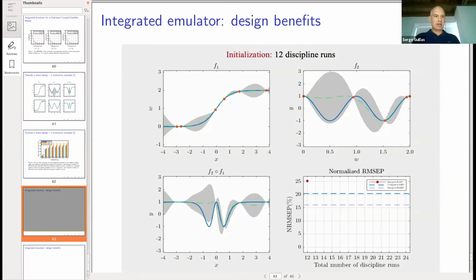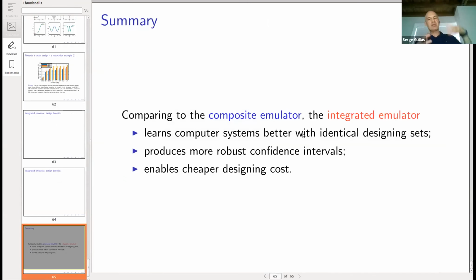So now if I go back to full screen to wrap up, we have other examples here, but this is the idea. The integrated or linked emulator learns better and also produces better confidence intervals. I didn't show that, but I want to highlight it. With cheaper design costs, we can build surrogate models of complex systems of computer models by running a bit more the cheaper ones, or the ones that need to be run more because their functional form requires us to learn more about it.